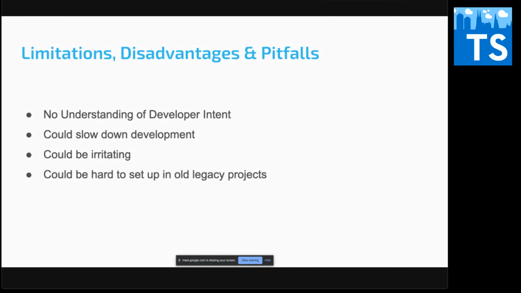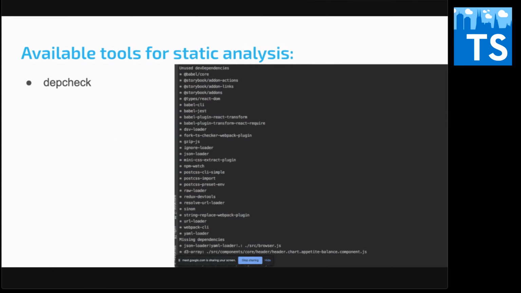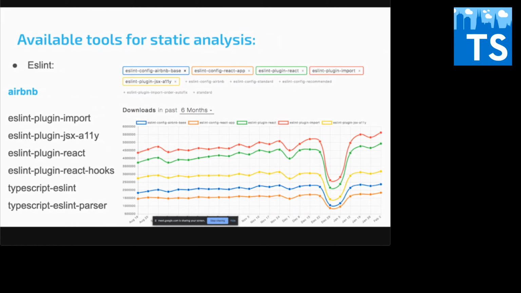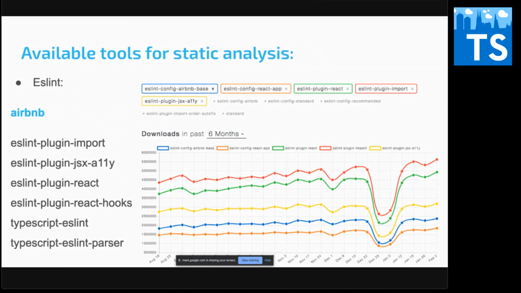About available tools, we have a few. The first one is ESLint. It is very common, and I think it's the first choice we should take for our project. I highly recommend the Airbnb configuration, which of course includes some of the below, like rules for importing, accessibility, and specific frameworks like React and React hooks.